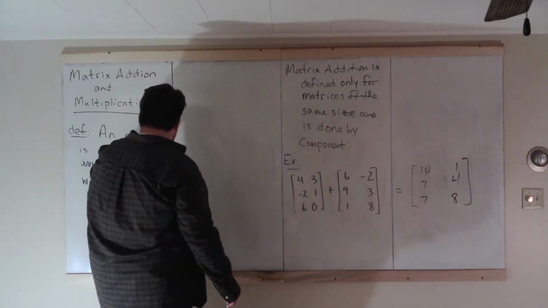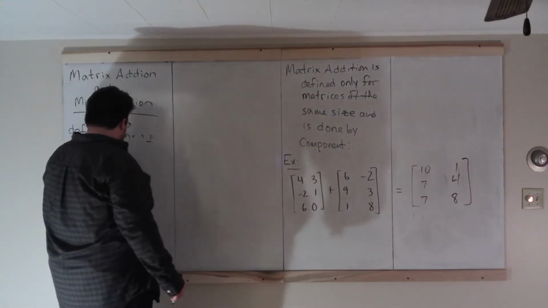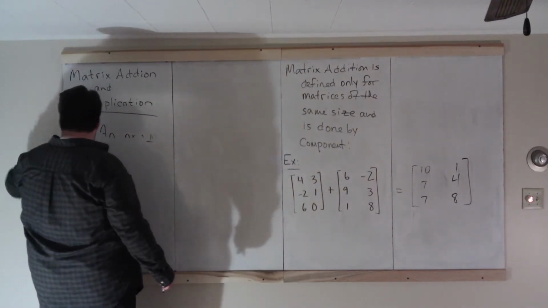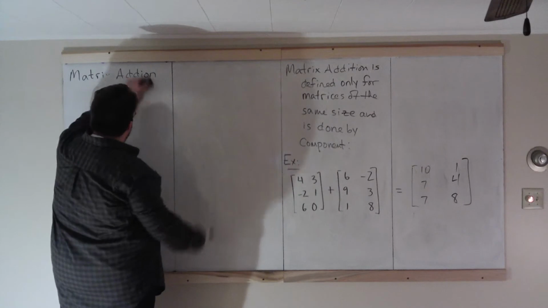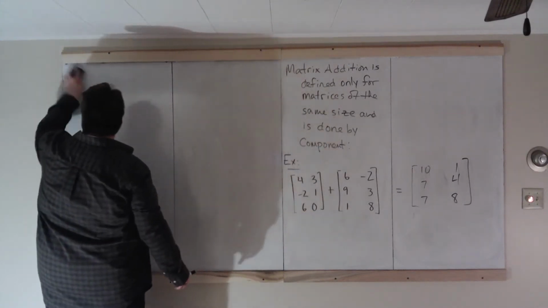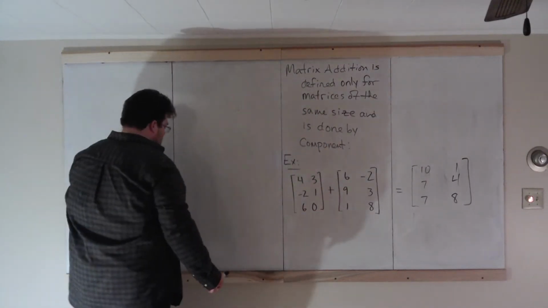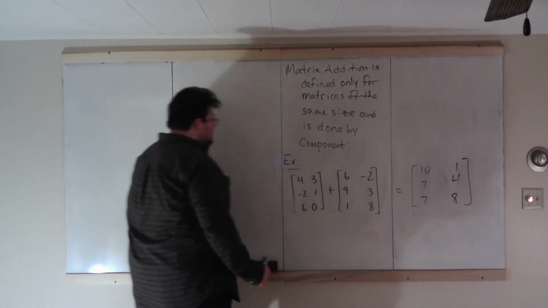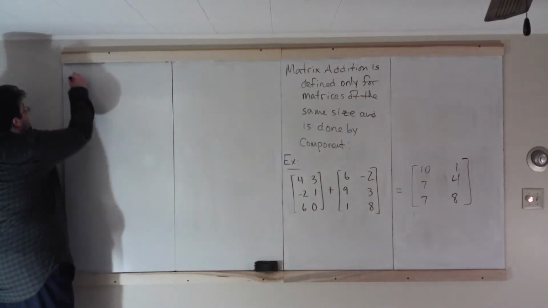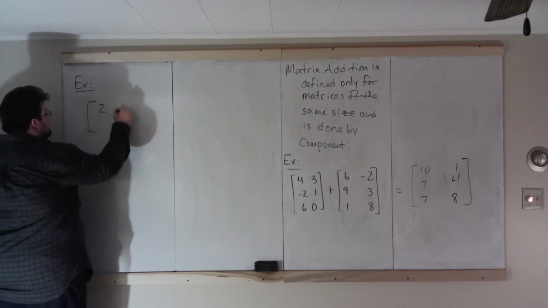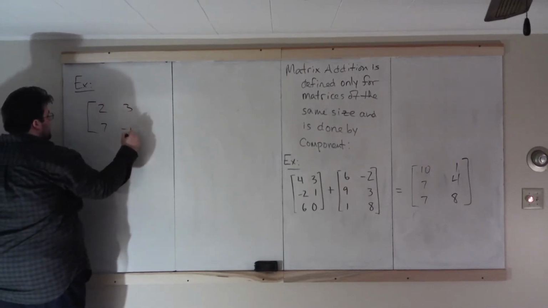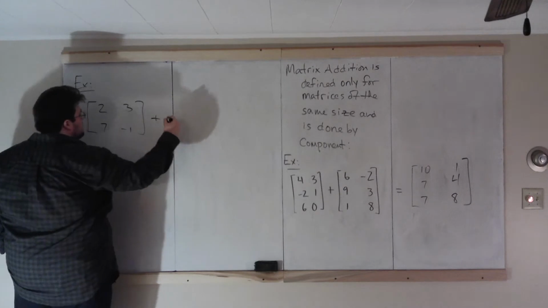Let's look at what it would look like when matrix addition is not defined. Well, the 2 I had written here that I erased, you can't add those together because they're different sizes. Let's look at another example of that. This matrix, let's do 2, 3, 7, negative 1, plus, let's do 3, 1, 7, 9, negative 2, 1, negative 3, negative 5.